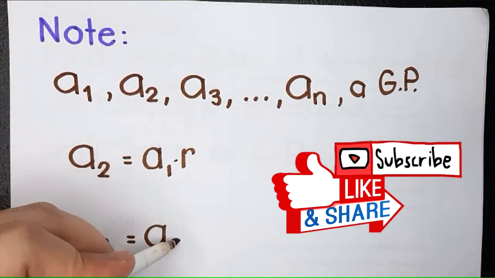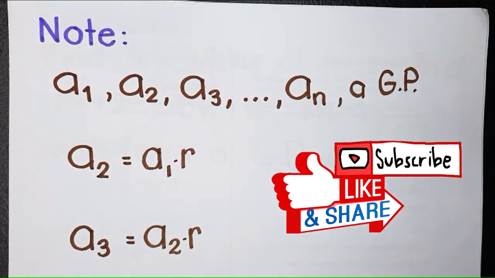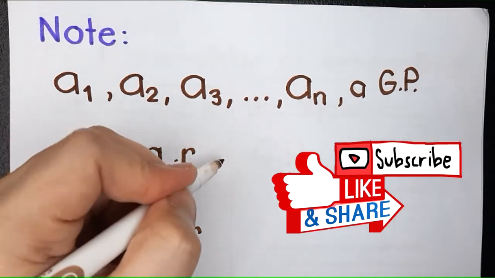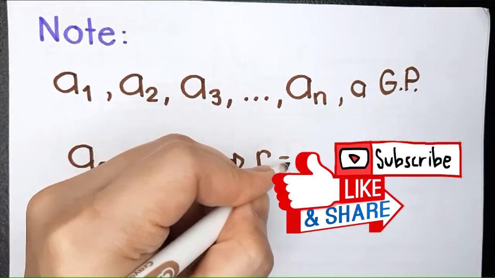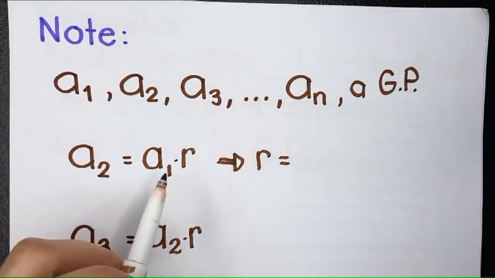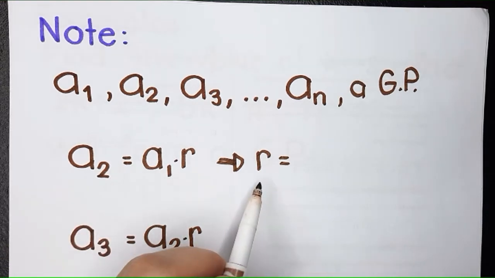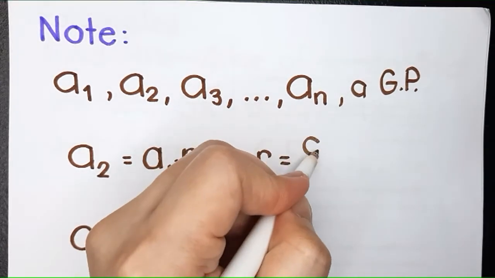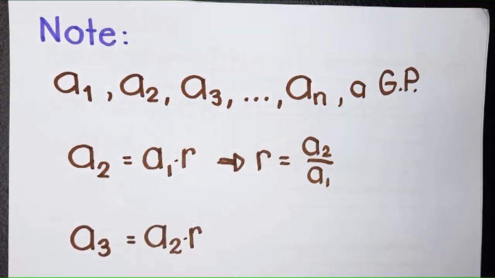You have A sub 2 times R. Right? And so on. Okay, here, how do you compute for R? You divide both sides by A sub 1 and you will get R. You'll have A sub 2 divided by A sub 1.